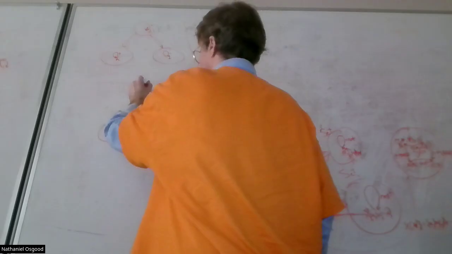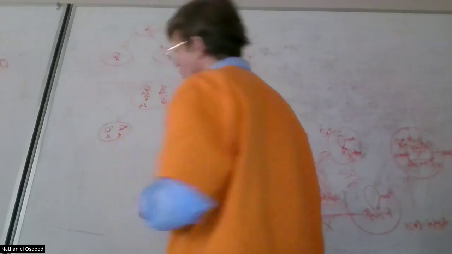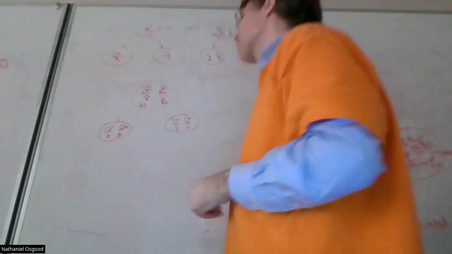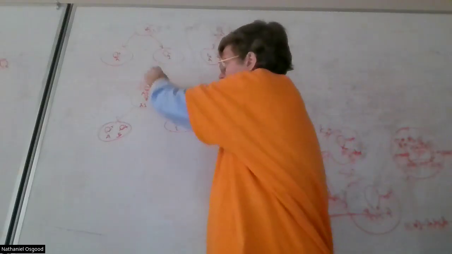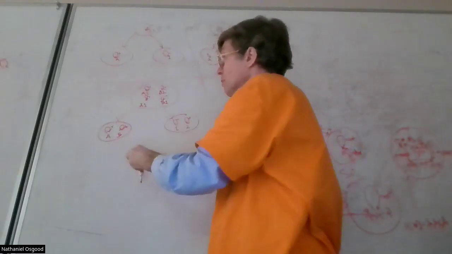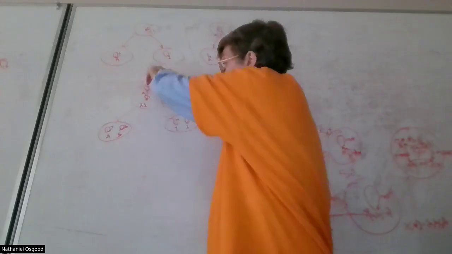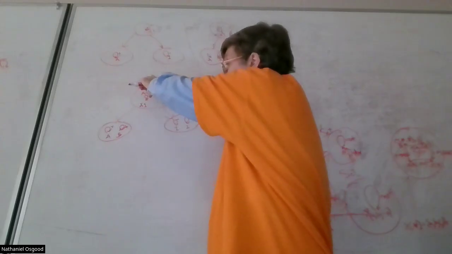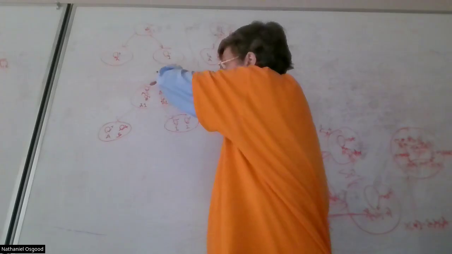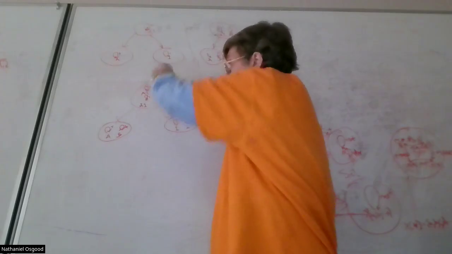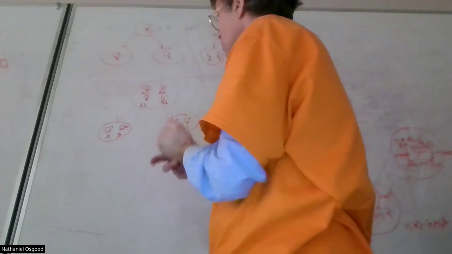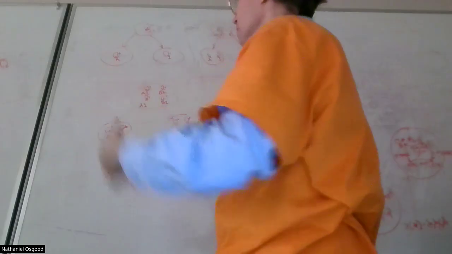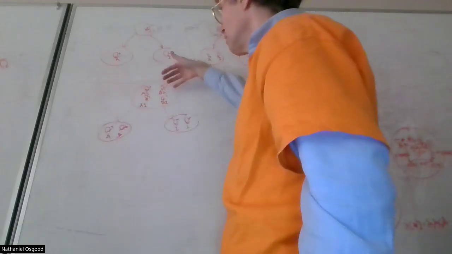So what does the homomorphism this way do? From this whole thing, what does it do? Well, it projects out something. What does it project out?